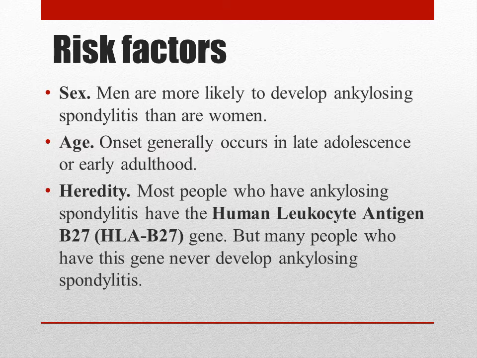This particular antigen in the body will cause ankylosing spondylitis. But many people who have this particular gene in their body do not develop the disease, though people who already have this gene can get the disease more easily.